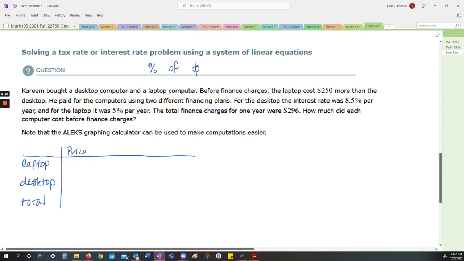And then the interest percent is going to go in the middle, and I'm going to convert that to a decimal. And then if I multiply across, that's going to give me the finance charge. I'll just write it out.